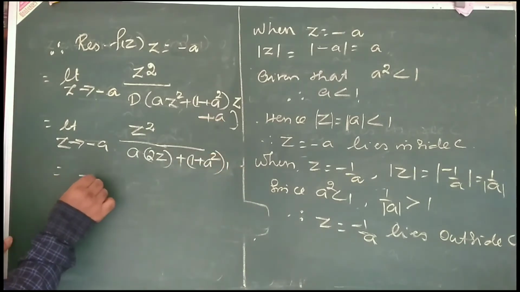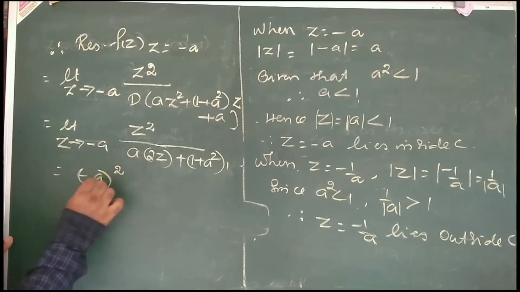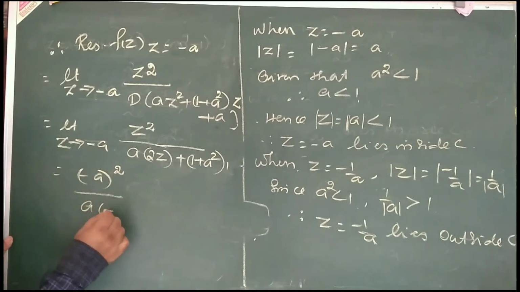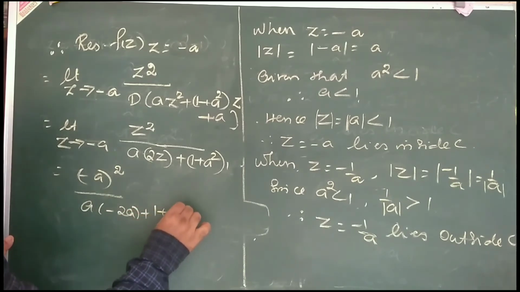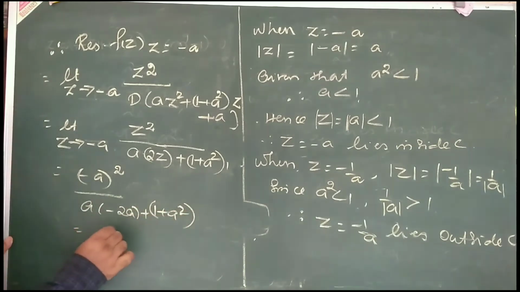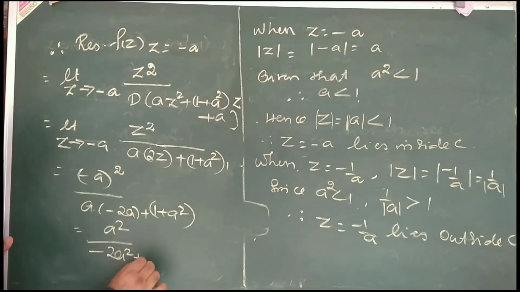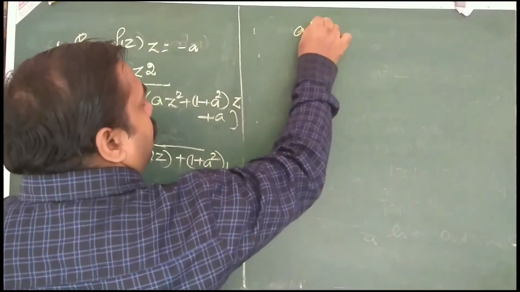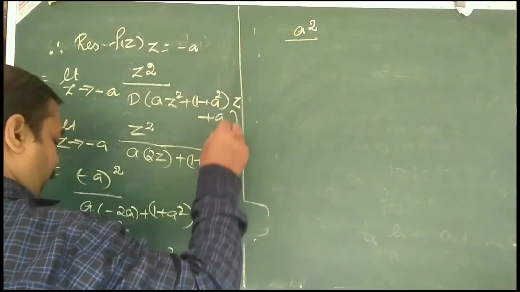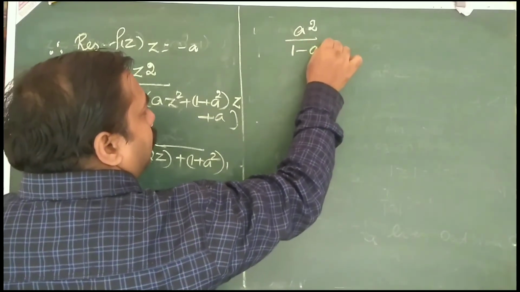Now apply the limit, that is minus a the whole square by a into minus 2a plus 1 plus a square. So that is equal to a square by minus 2 a square plus 1 plus a square. So that is a square by 1 minus a square.